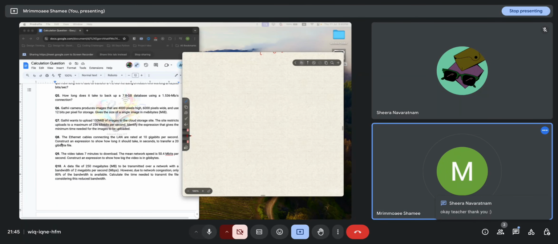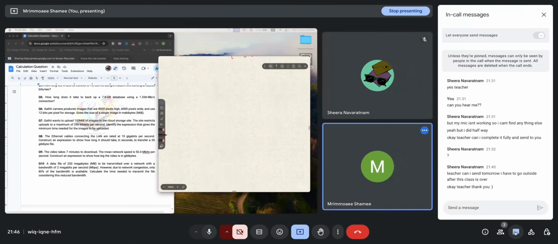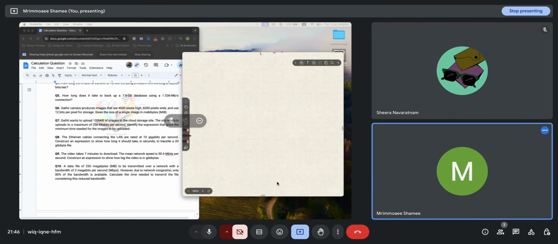So question number 6 is, a camera produces images that are 4000 pixels high, 6000 pixels wide, and use 12 bits per pixel for storage. Give the size of a single image in megabytes.